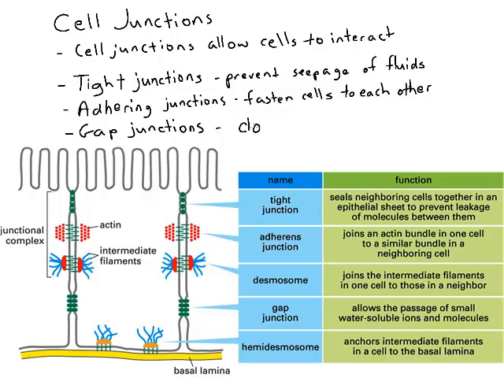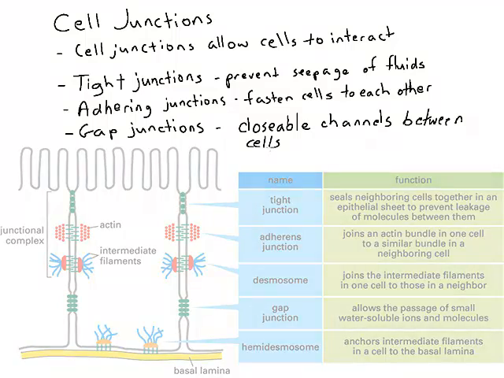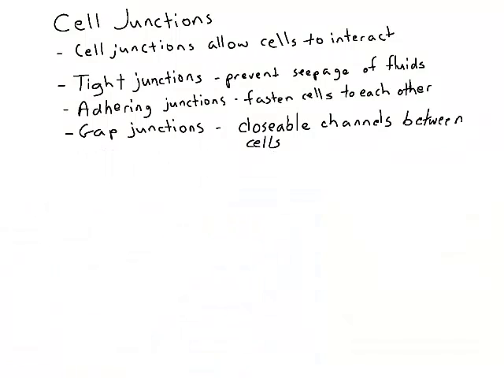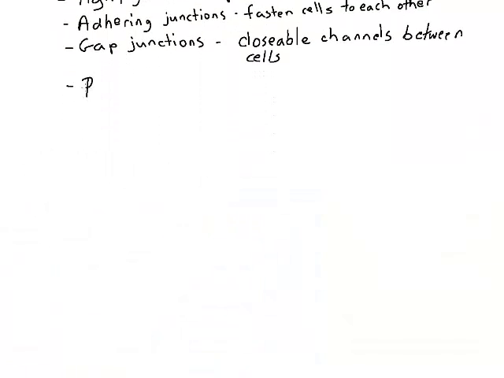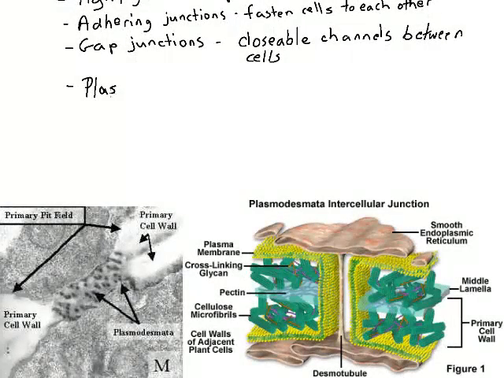And these can open to permit water, ions, and small molecules to pass through from the cytoplasm of one cell to the cytoplasm of another. Now, in plants, we have open channels called plasmodesmata, which extend across plant cell walls to connect the cytoplasm of adjacent cells, allowing substances to flow from cell to cell.